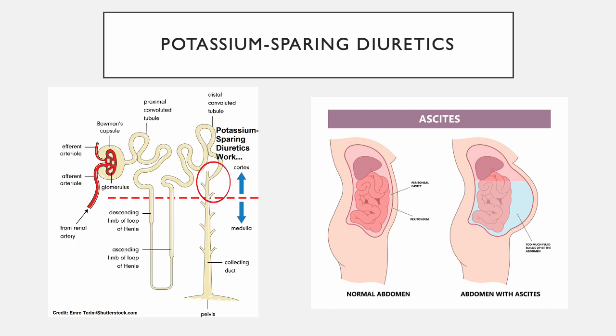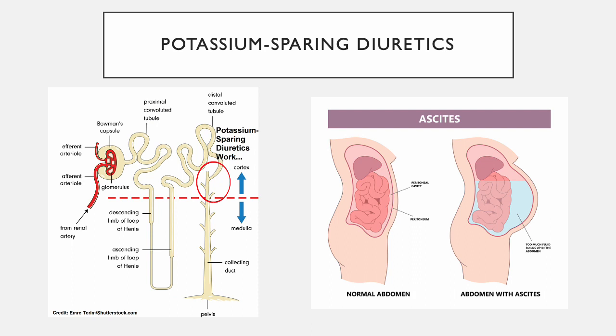Our adverse effects: gynecomastia is pretty common with our potassium-sparing diuretics, and gynecomastia means increase in breast tissue, and that's mostly problematic in our male population. Amenorrhea, irregular menses, postmenopausal bleeding, and hyperkalemia. We should not concurrently utilize these with our ACEIs or potassium supplements due to the risk of hyperkalemia.